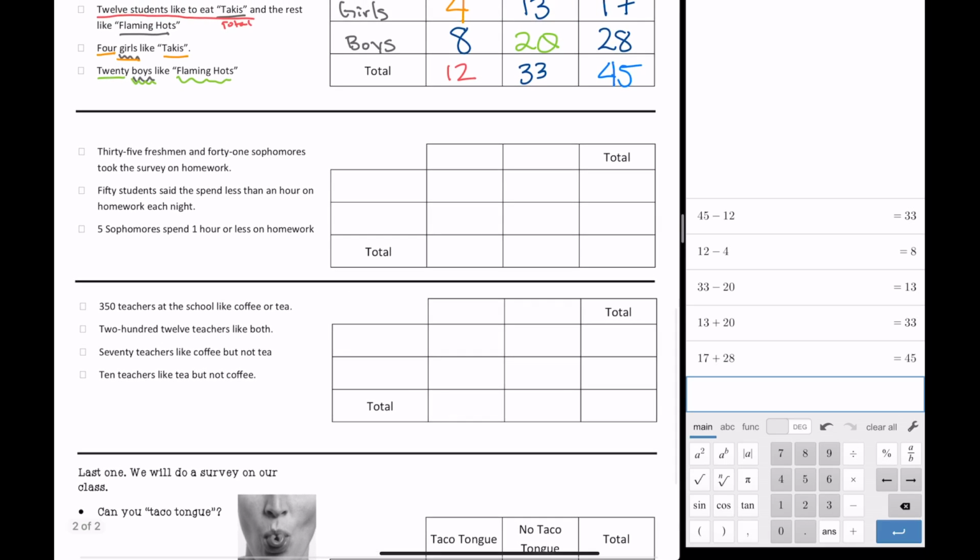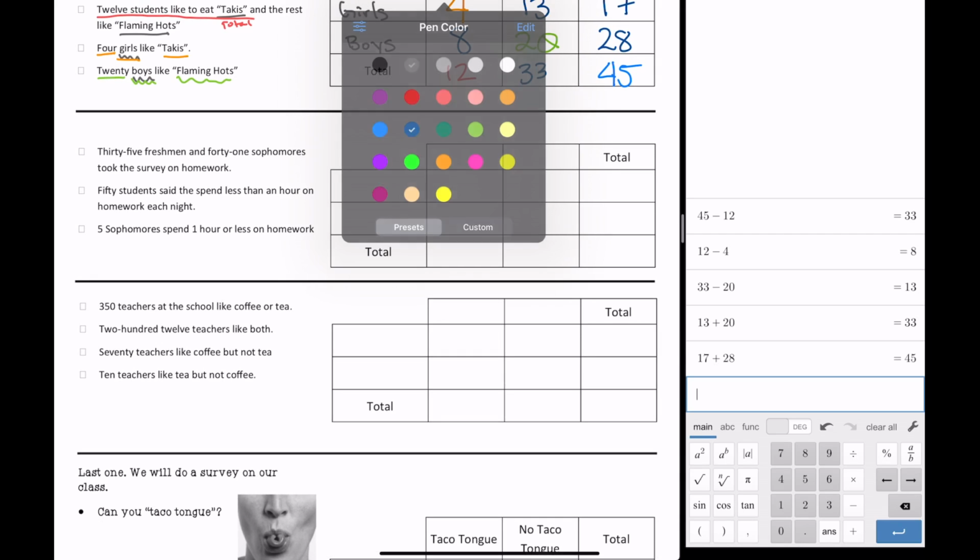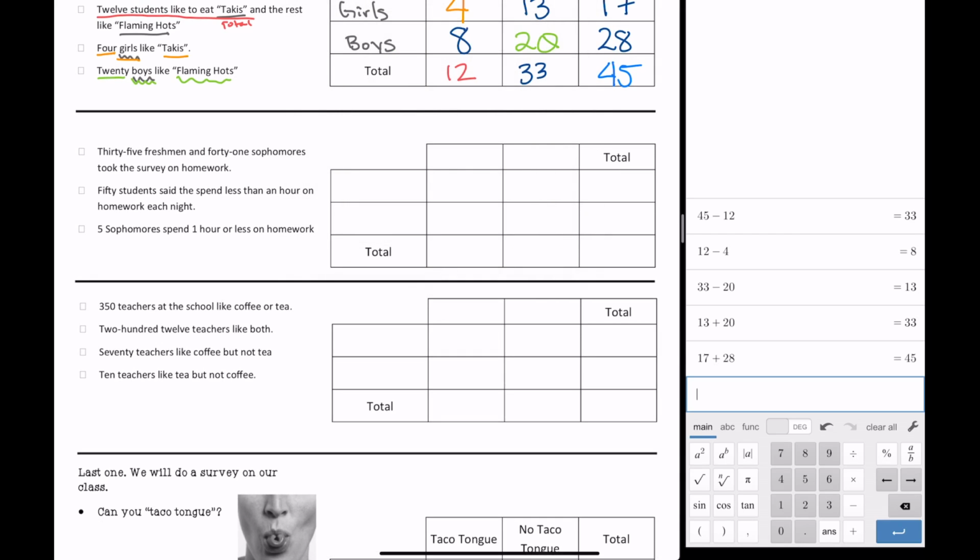All right, so in the next one, 35 freshmen and 41 sophomores took the survey on homework. 50 students said they spend less than an hour on homework each night. 5 sophomores spend 1 hour or less on homework.